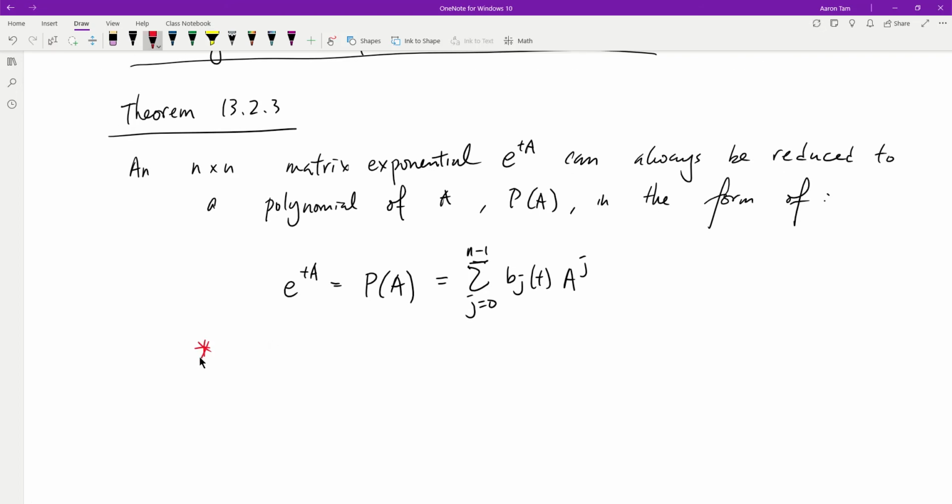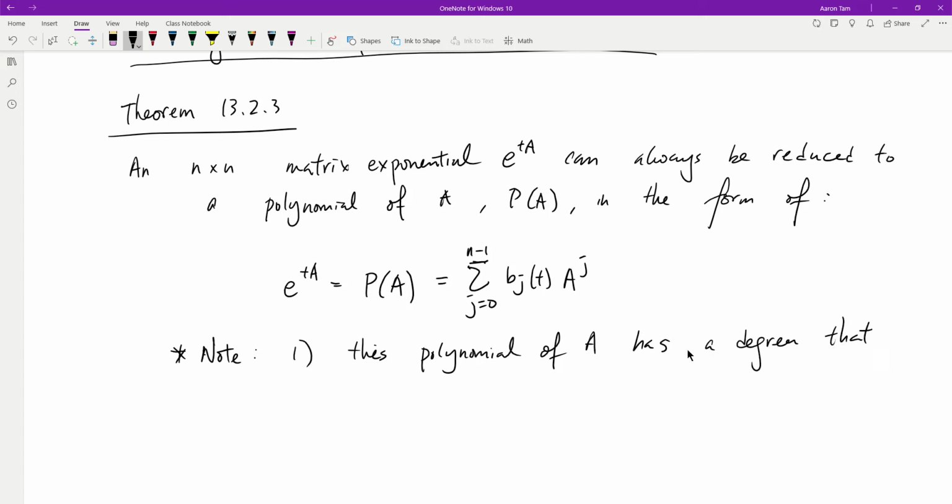Okay, and in this expression, several things are important for me to point out. Number one, note the following. This polynomial of A has a degree that is n minus 1.